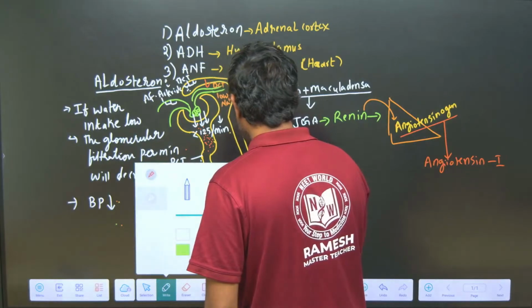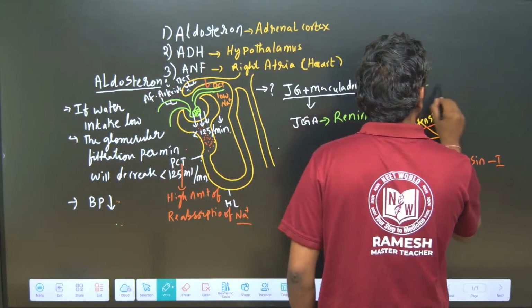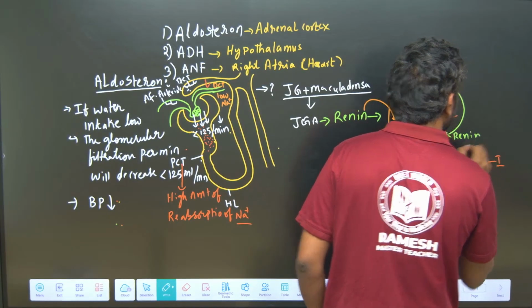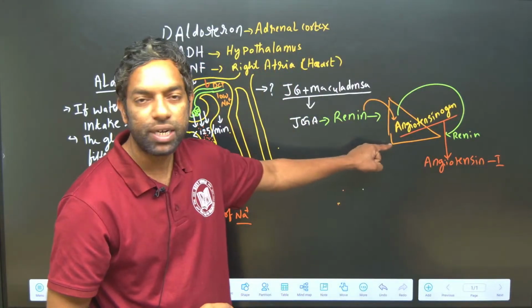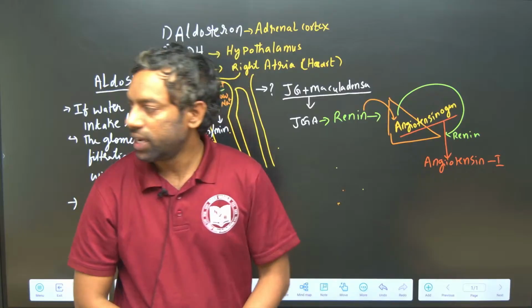In the presence of renin, angiotensinogen is converted into angiotensin. Angiotensinogen is the inactive form, nogen means inactive, converted into angiotensin.